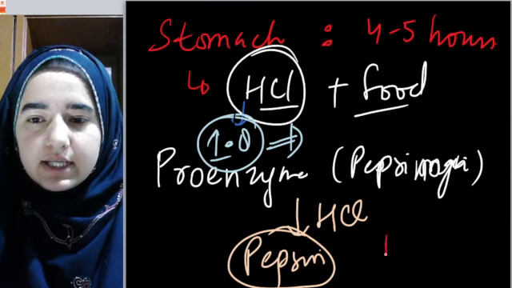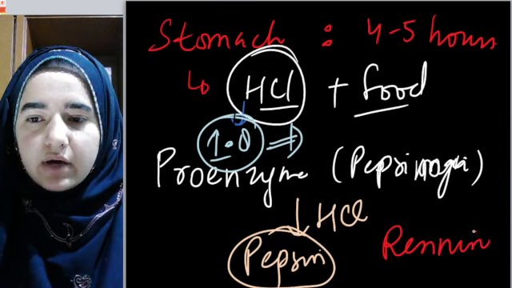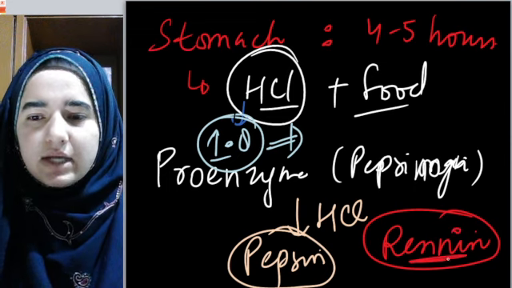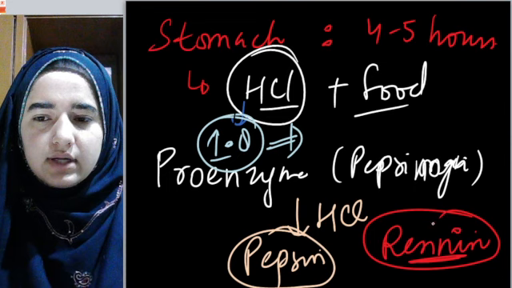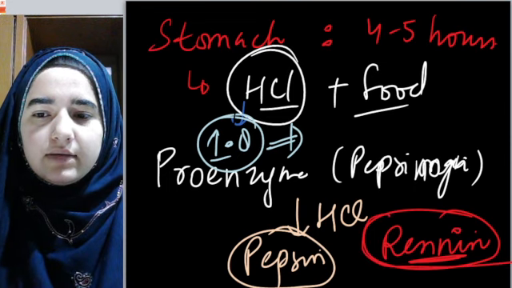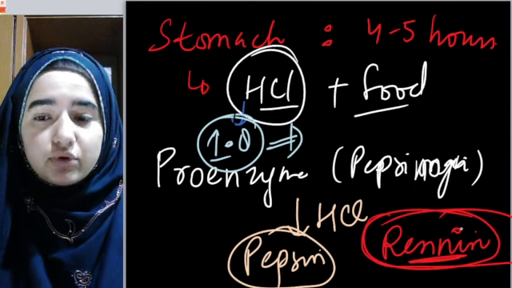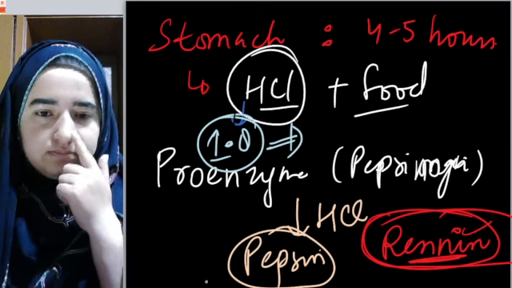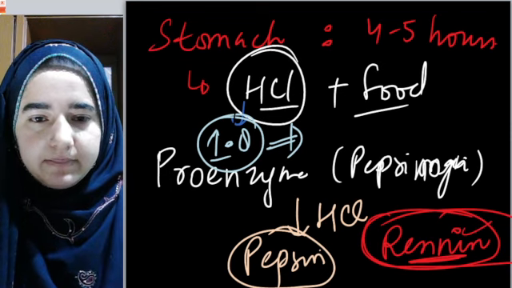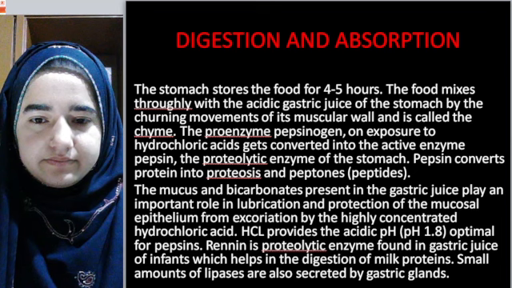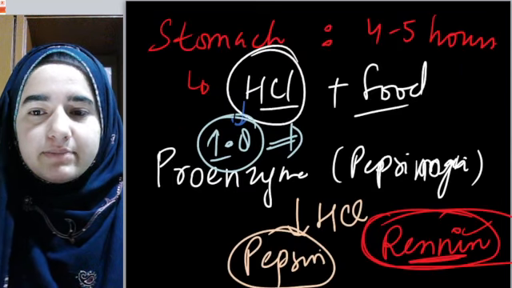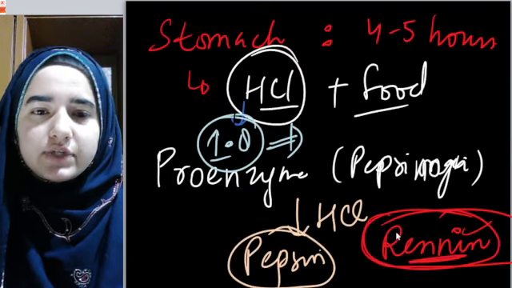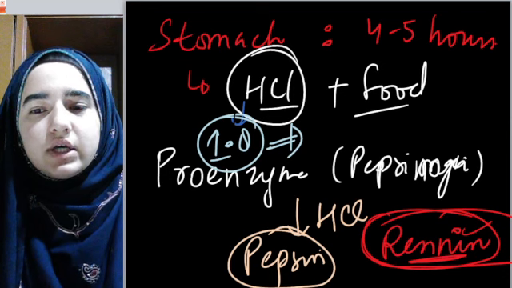Please remember that we have one protein, namely renin, which is found in infants because their main dietary source is milk. Renin is a proteolytic enzyme in infants which helps in digestion of proteins.